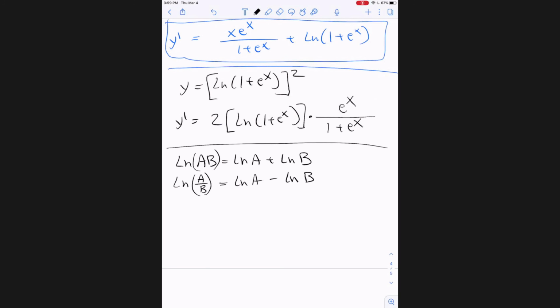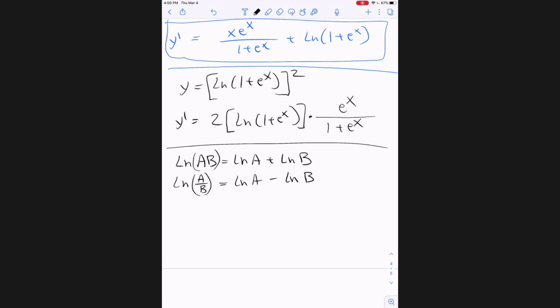Natural log of a product is the sum of the logs. Natural log of a quotient is the difference of the logs.